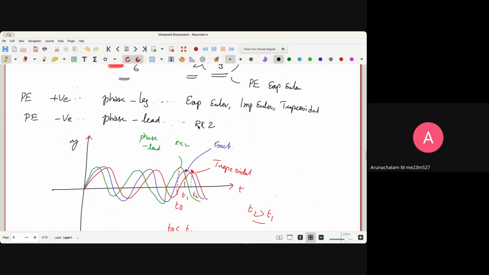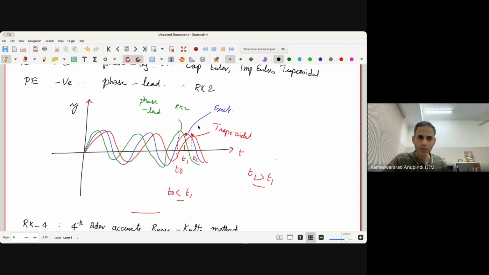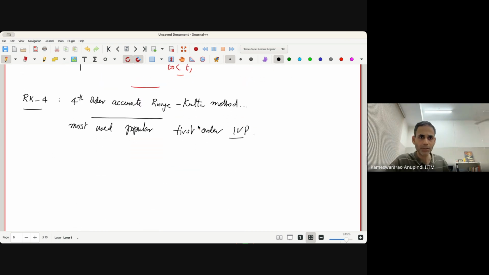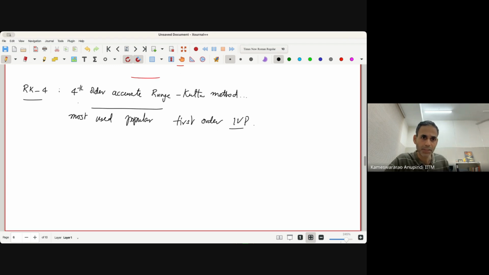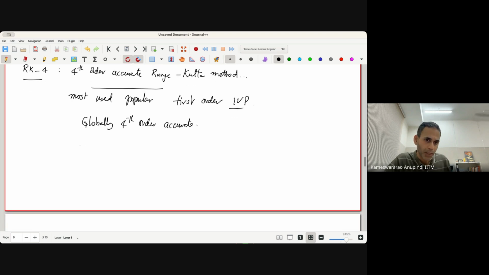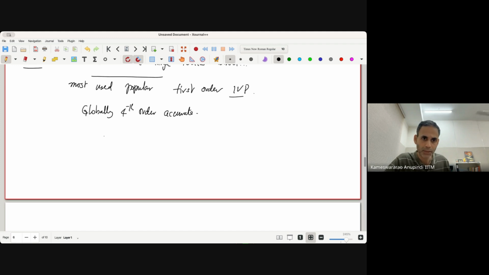So it's clear, sir? Okay, fine. So let's look at the RK4 method. This is the most popular, widely used method. As the name suggests, this is globally fourth order accurate, and it is given as follows.